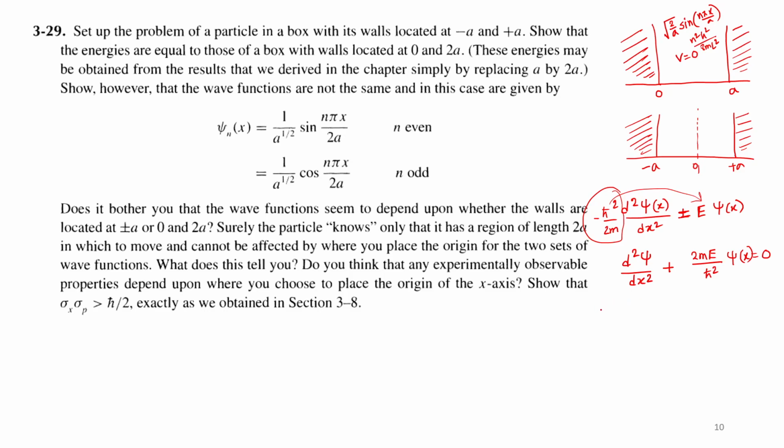So the general solution for this, what we have written for the 0 to a case, we will write the same thing, because this is the same, right? We can take this also as k², some constant. So our equation becomes d²ψ(x)/dx² plus k²ψ(x) is 0.